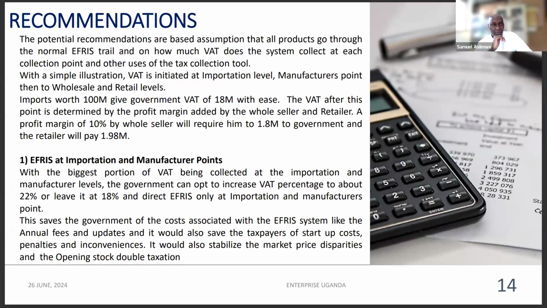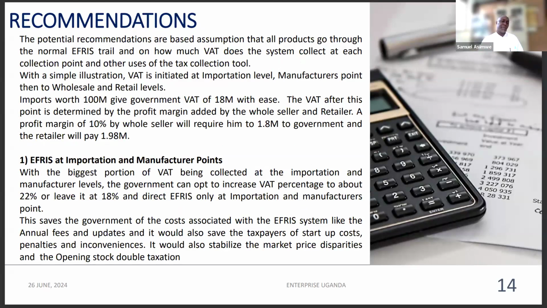Those are some of the challenges that move with every system that the government can look at, that we can also, as Enterprise Uganda, as the Private Sector Foundation, as other bodies, come up and look at them and get potential recommendations. I've come up with a few potential recommendations.